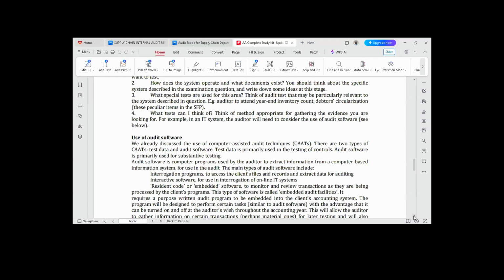So, like I said, they are a set of computer programs. So, for you to be able to use audit software, you must understand structured query language, SQL. Why do you need to understand structured query language? Because your computer does not understand simple English.